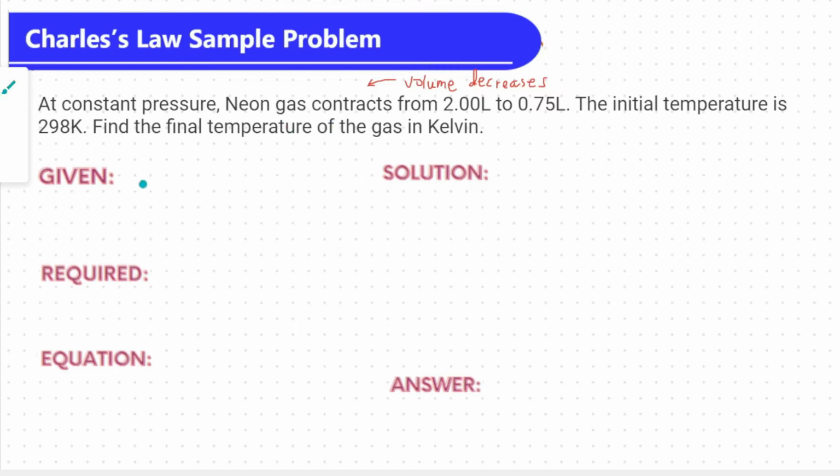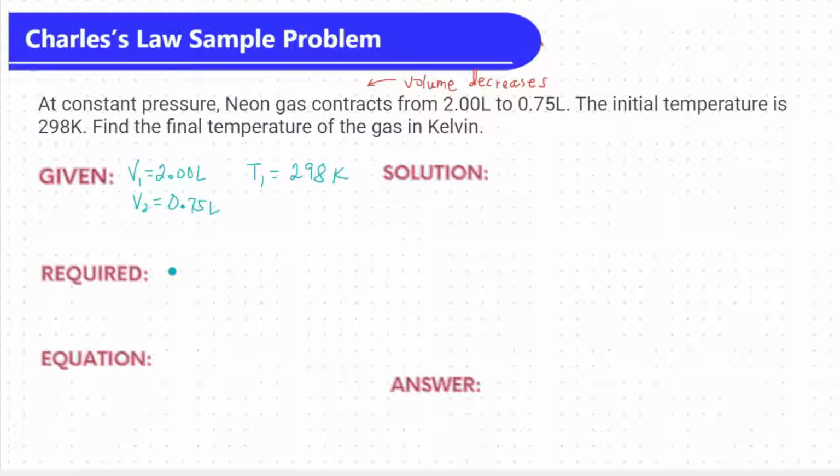So, our V1 is equal to 2.00 liters. And our V sub 2 is equal to 0.75 liter. So, nakita natin, parehas ng unit si V1 at si V2. Okay, so we are given here the temperature of 298 Kelvin. Sabi ko nga kanina, no need to convert kasi ang unit natin ay Kelvin na. And we are looking for T2.